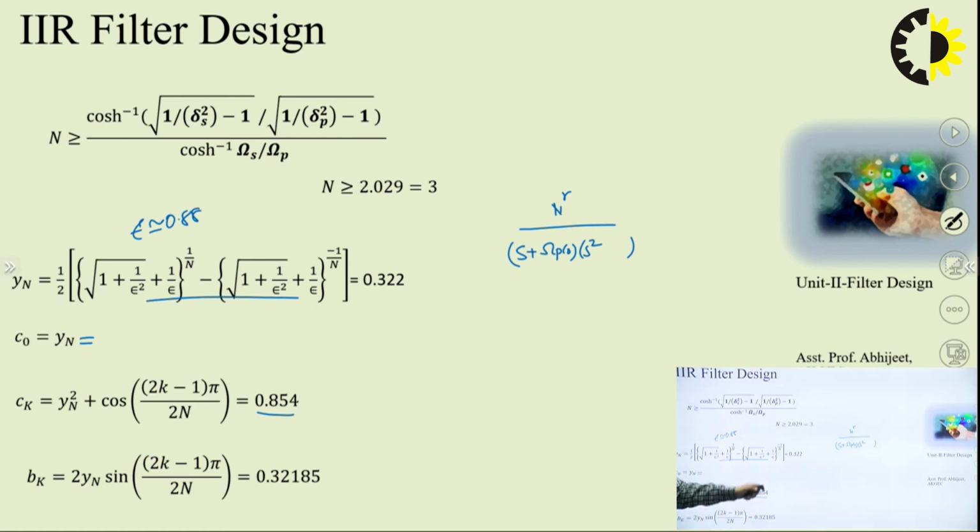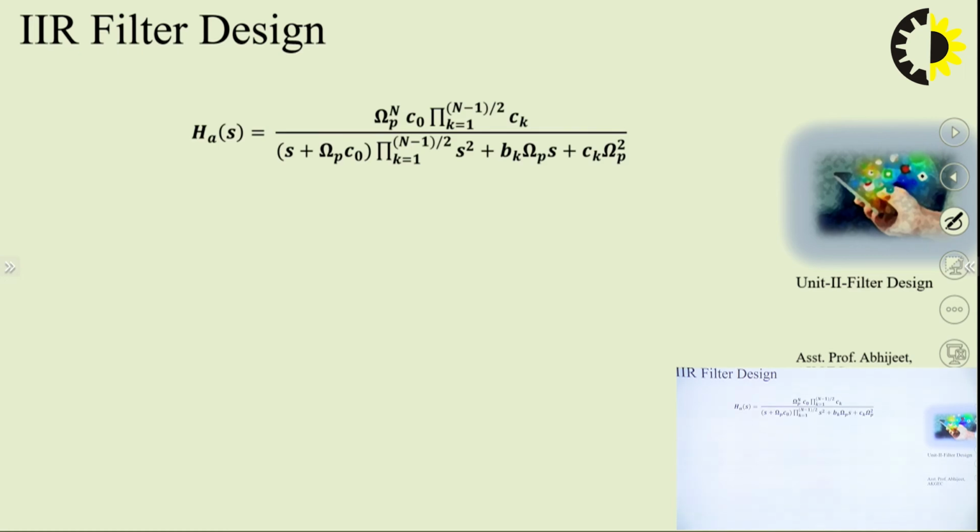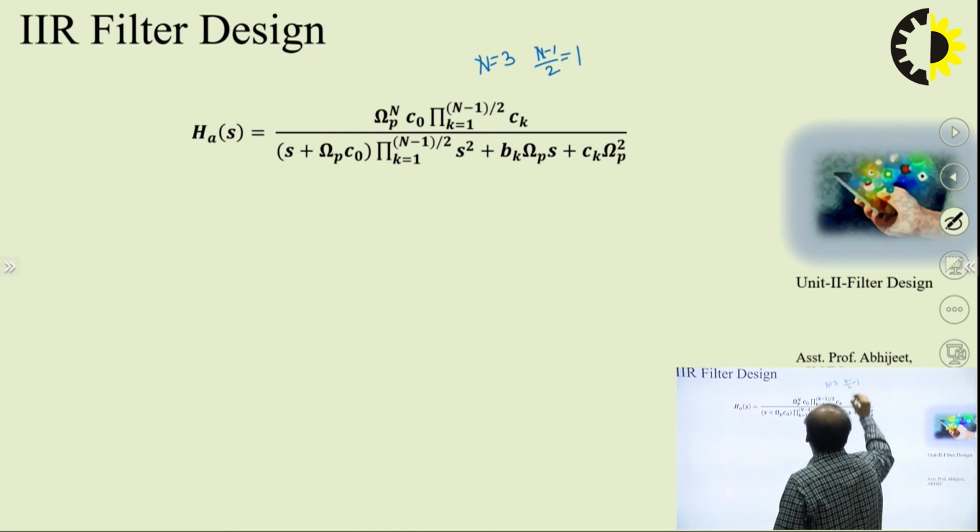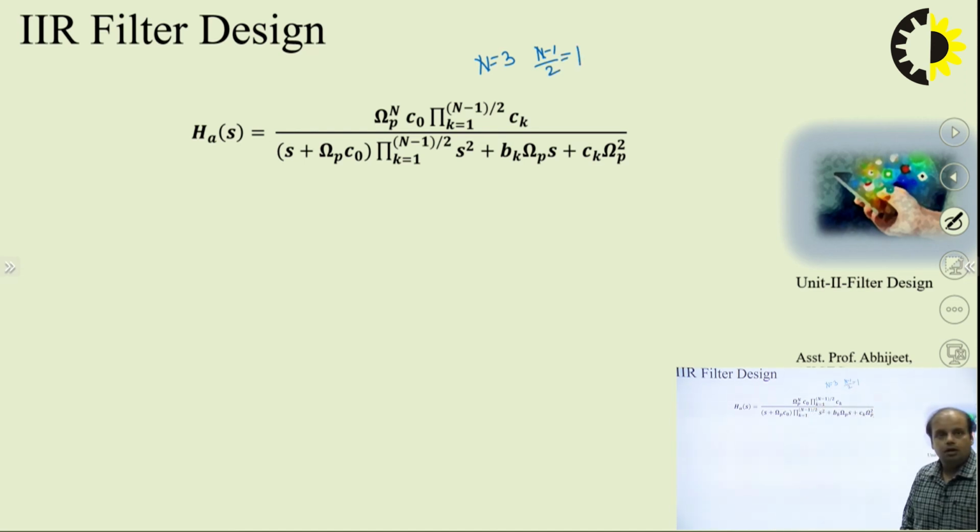I can just put all the values in the transfer function, and I can use the formula for n odd. So for n odd, in the numerator, I have passband cutoff frequency omega p raised to the power n times C naught, continued product from k equal to 1 to n minus 1 by 2. Remember, in this case, we have n equal to 3, and therefore n minus 1 by 2 becomes 1. So basically, there is no continued product.